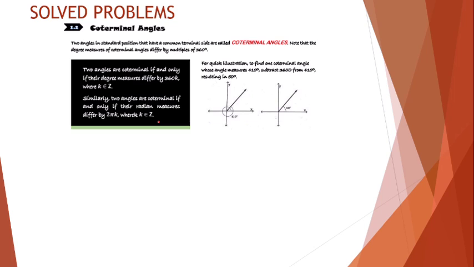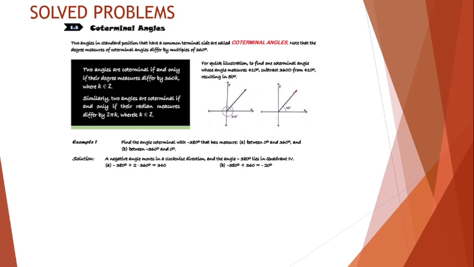So for quick illustration, to find one coterminal angle whose measure is 410 degrees, subtract 360 from 410 degrees, resulting in 50. Okay. In example 1, for the angle, teka lang.